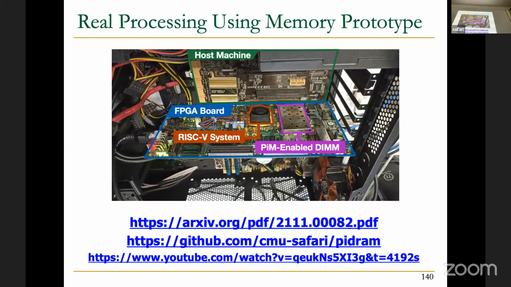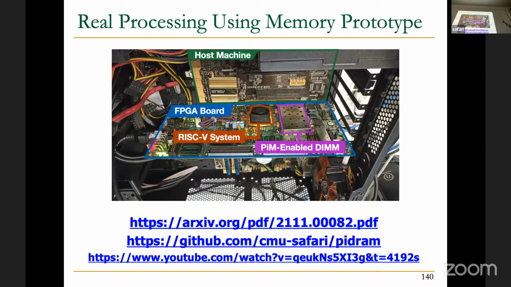As you can see here, this is the prototype with an FPGA board. Inside the FPGA, we implemented a RISC-V CPU core, and from this RISC-V CPU, we can send, for example, RowClone commands to the PIM-enabled DIMM. We are calling it a PIM-enabled DIMM here, but it has nothing to do with UPMEM DIMMs or the like.